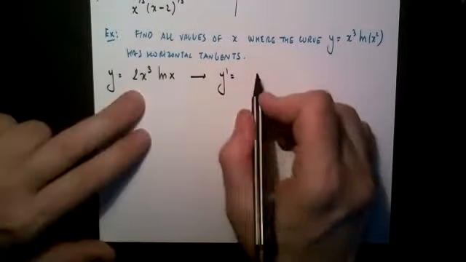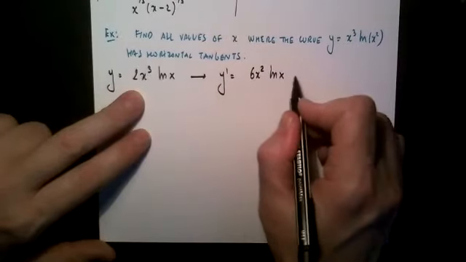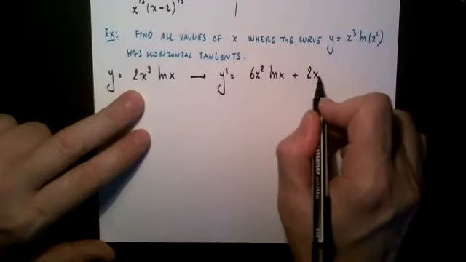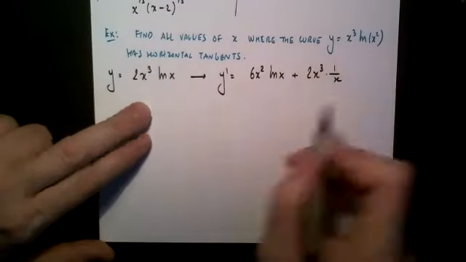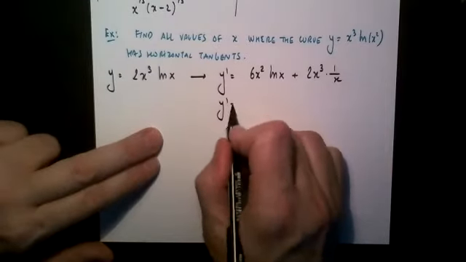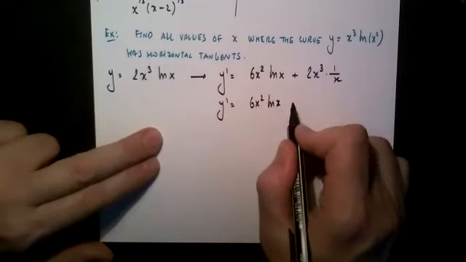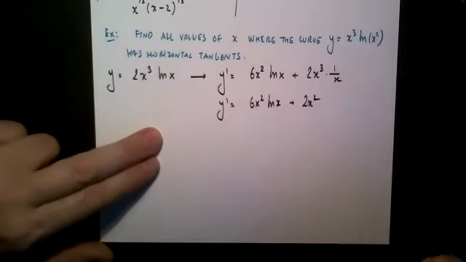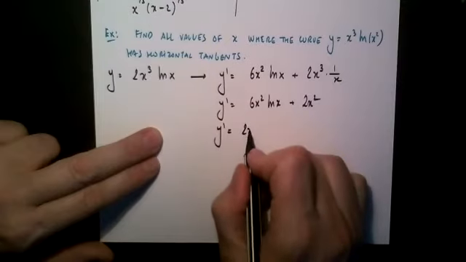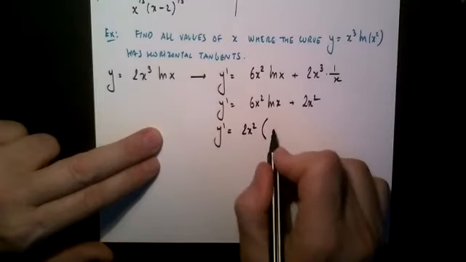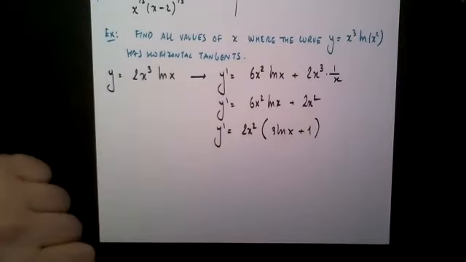Y prime is, so let's do the product rule, 6x² ln x plus 2x cubed times 1 over x. And so y prime is 6x² ln x plus 2x². And so y prime, if I pull out a 2x² times, 3 ln x plus 1.